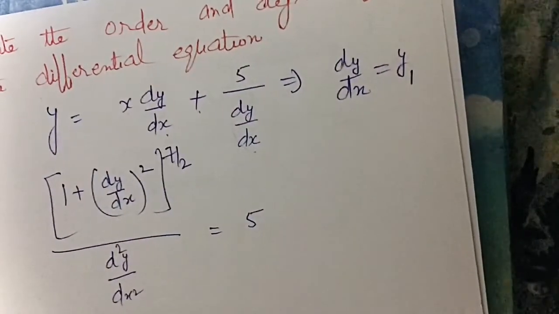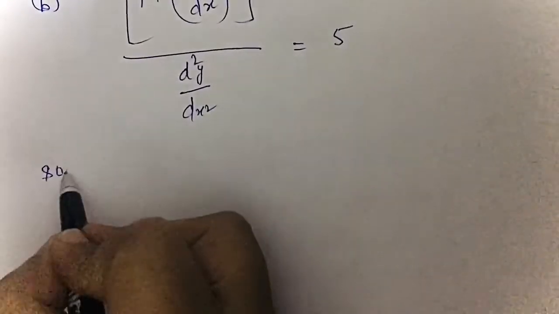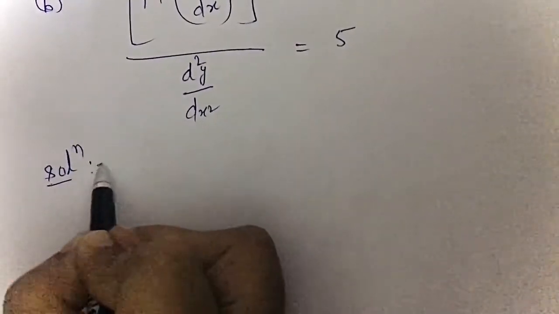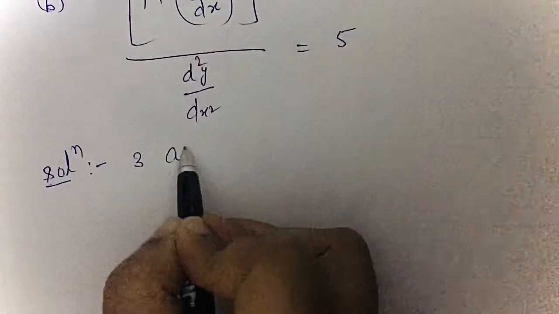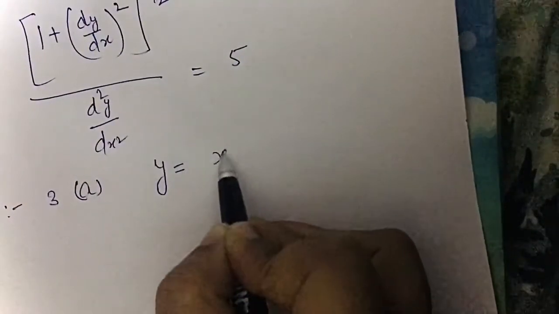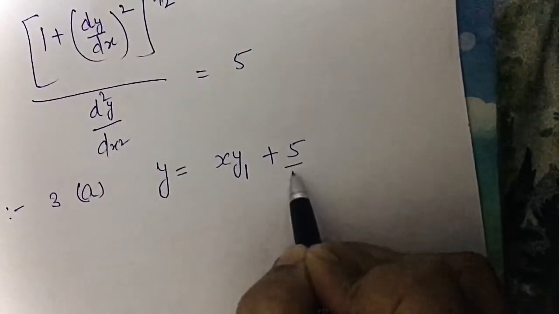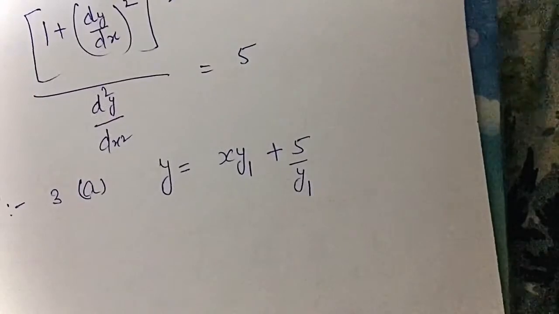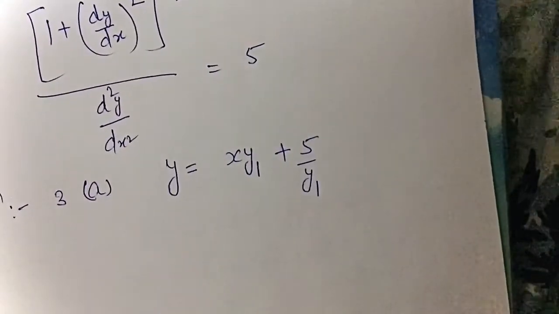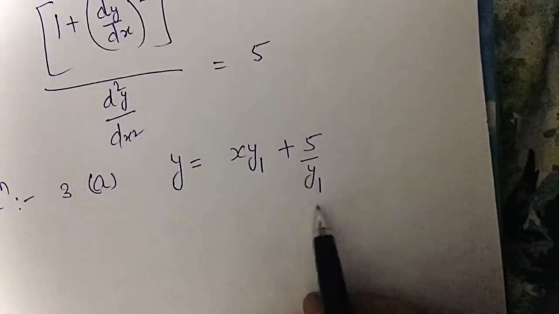Now, its solution. We have given y is equal to x into y1 plus 5 upon y1. We have replaced dy upon dx with y1. Now this y1 is in the denominator.